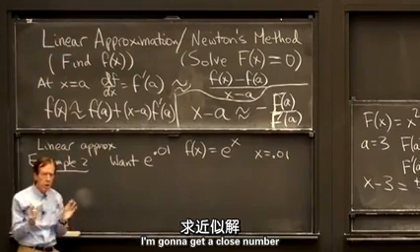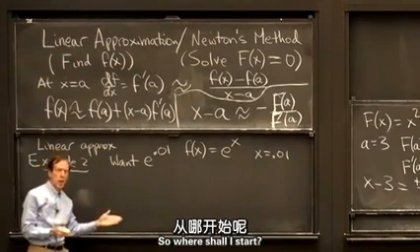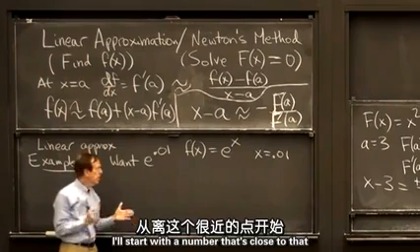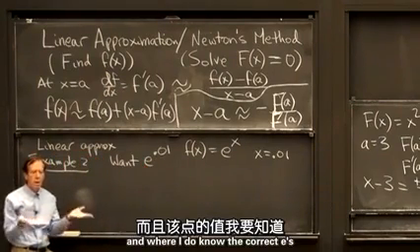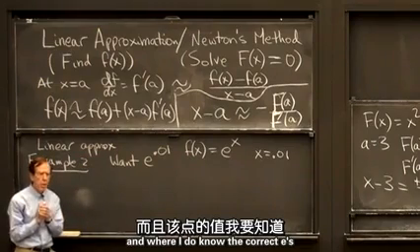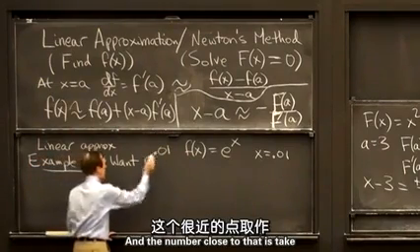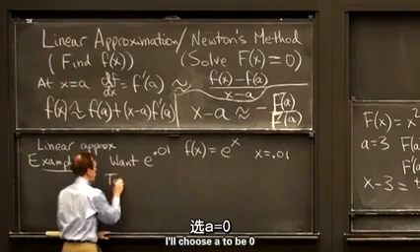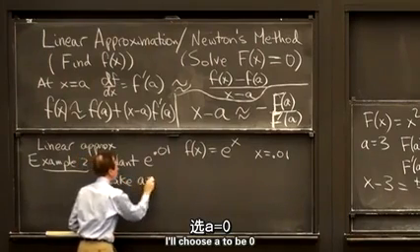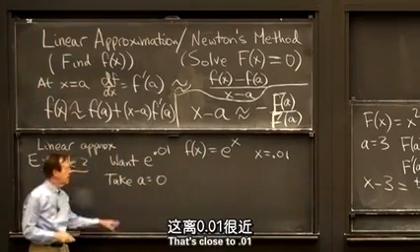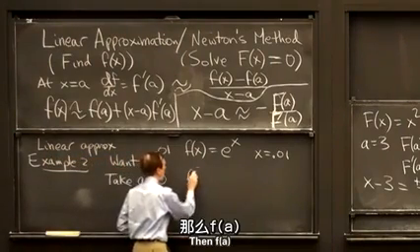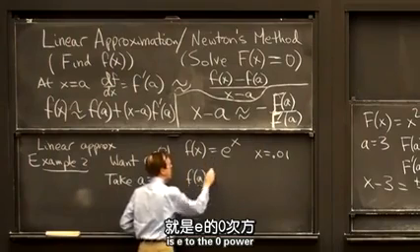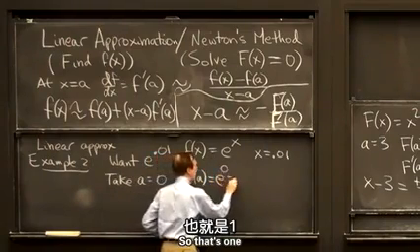I'm going to get a close number. So where shall I start? I'll start with a number that's close to that and where I do know the correct e. And the number close to that is I'll choose a to be 0. That's close to 0.01. Then f of a is e to the 0 power, so that's 1.